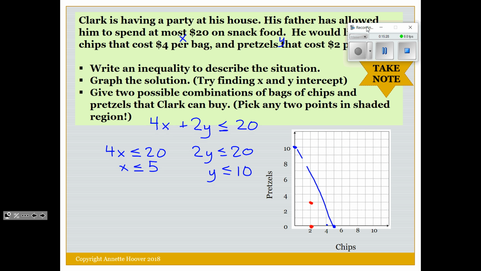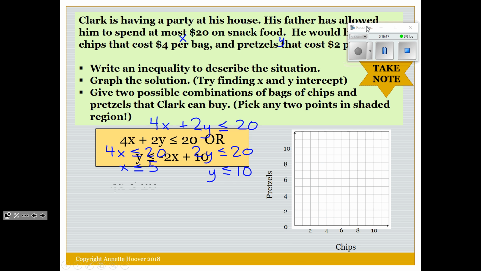He could buy 3 chips and 1 bag of pretzels. That's the ordered pair 3, 1. For the ordered pair 2, 5, that would be 2 bags of chips and 5 bags of pretzels. So these are all the combinations of numbers of bags of chips and pretzels that he can buy and spend less than or equal to $20.